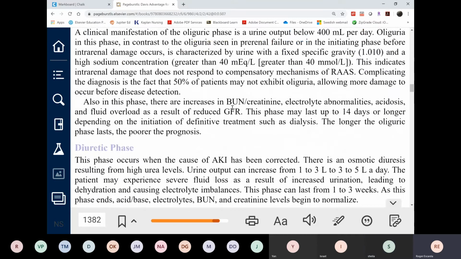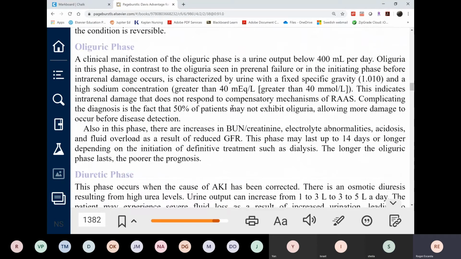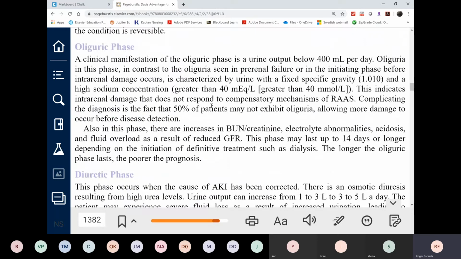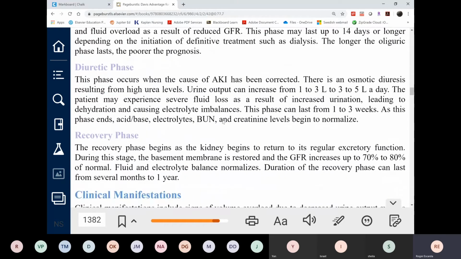So this is the reason why AKI patients are in the ICU, because they want nurses to watch these patients carefully, 1-to-1 or at least 1-to-2, because they can't afford putting this patient who is oliguric in a regular med-surg floor wherein a nurse has to watch 6, 7, or 8 other patients along with this patient, right? So this is crucial.